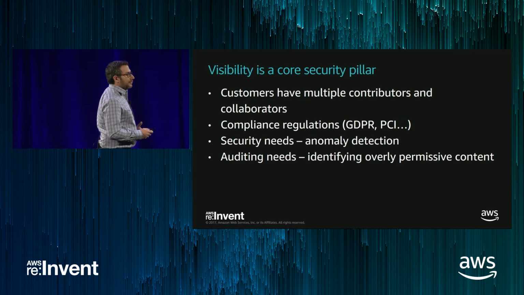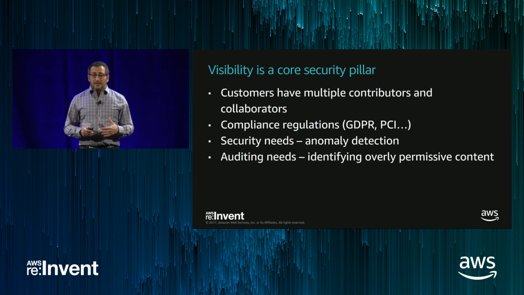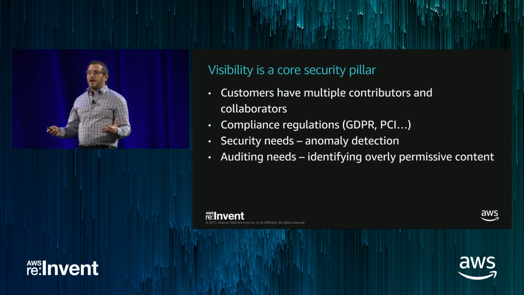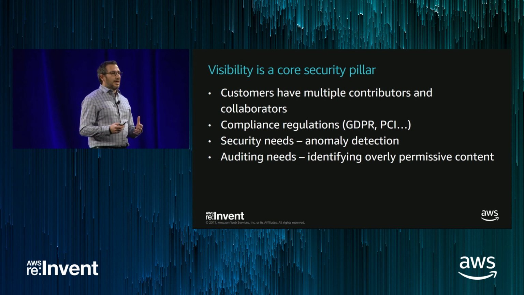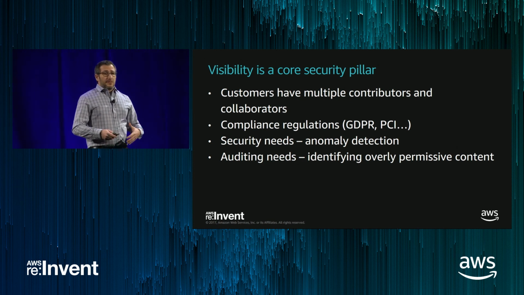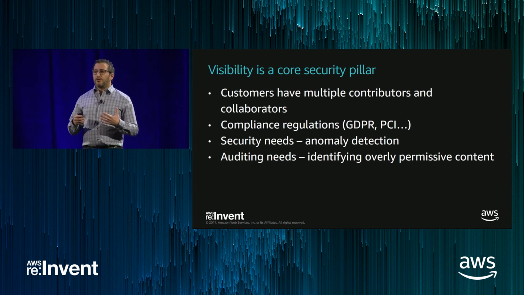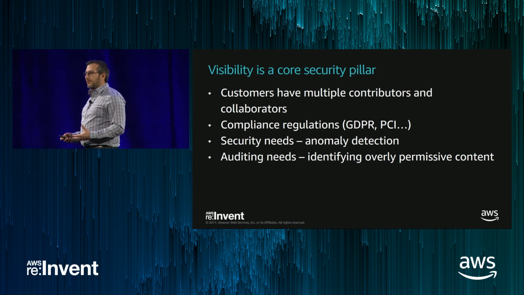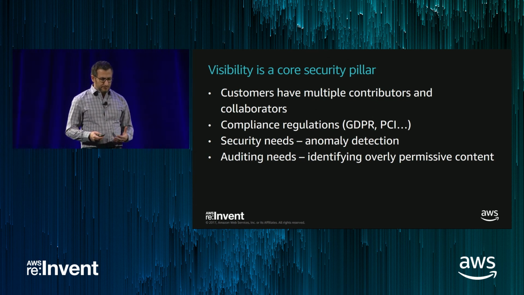Visibility into your core data is very important. Why? Because you have a lot of contributors in your environment. If you have three or four applications running every day and generating new data stored in S3, this data is growing every day, and you don't know what's in it. If the configuration of an application changes, maybe you have some sensitive information getting into S3 without even knowing about it.